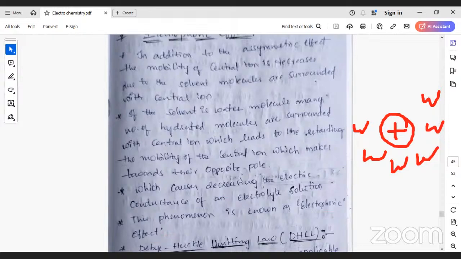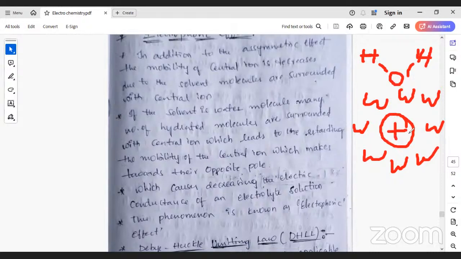Simply by deposition of water molecules on the central positive or negative ion. With a positive ion, the oxygen of H2O will be connected to the central positive ion, and these are the hydrogens. If it is a negative ion, the hydrogens will be attached to the central negative ion.